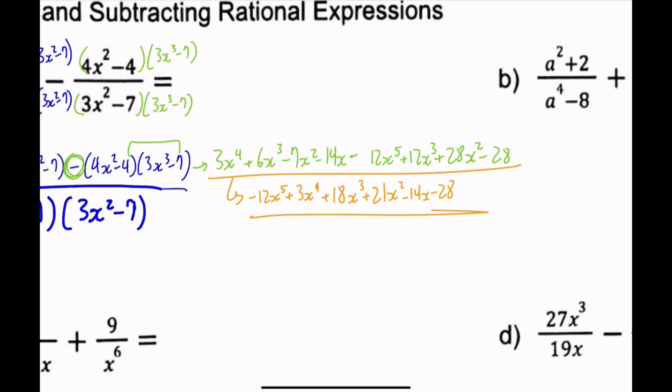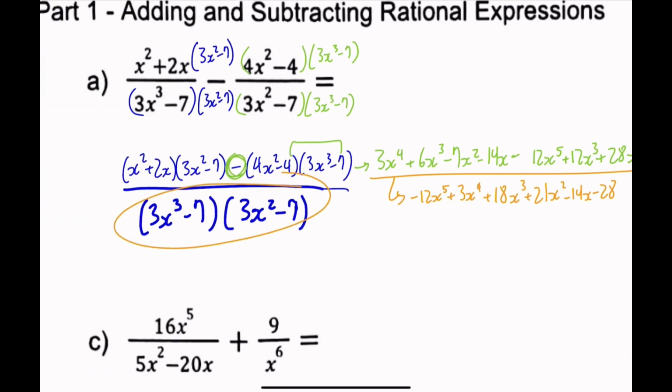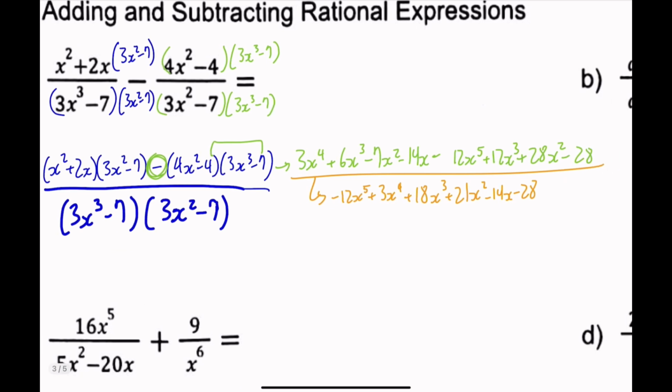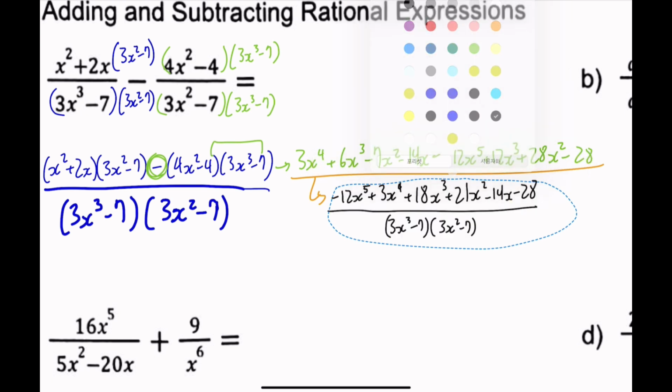So this is our completed numerator, and the denominator stays the same. It's all this over 3x cubed minus 7 times 3x squared minus 7. And there you have it, the answer for the first question.